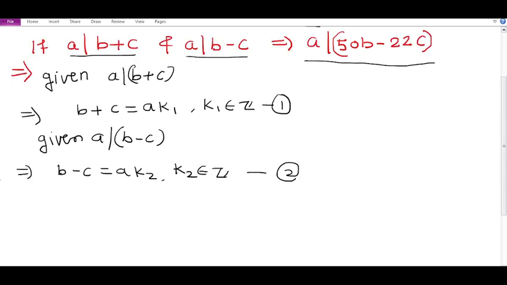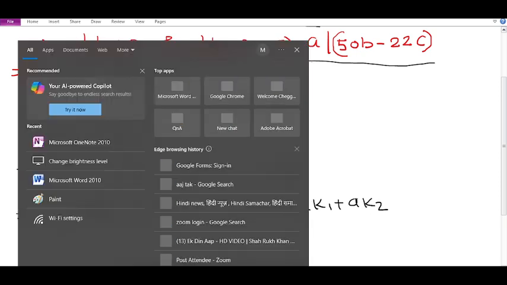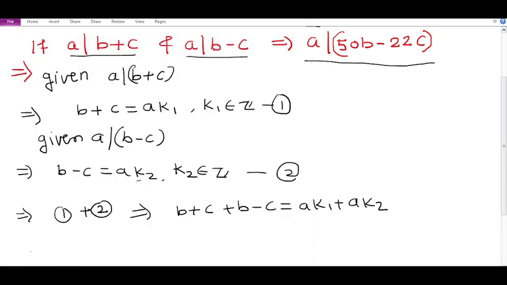Now we want to show that 50b minus 22c is a multiple of a. So if you add 1 plus 2, we get b plus c plus b minus c is equal to a k1 plus a times k2. Now if you simplify this, c will get cancelled here, and twice b is equal to a times k1 plus k2.